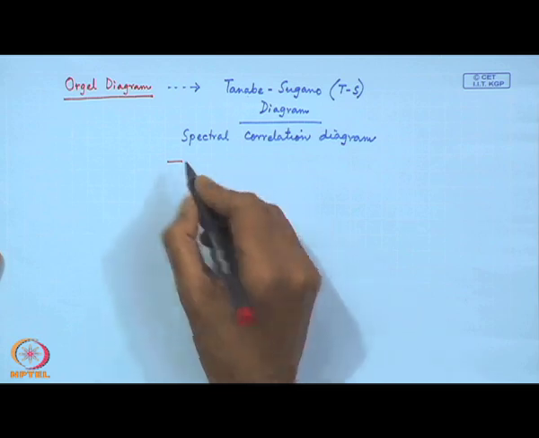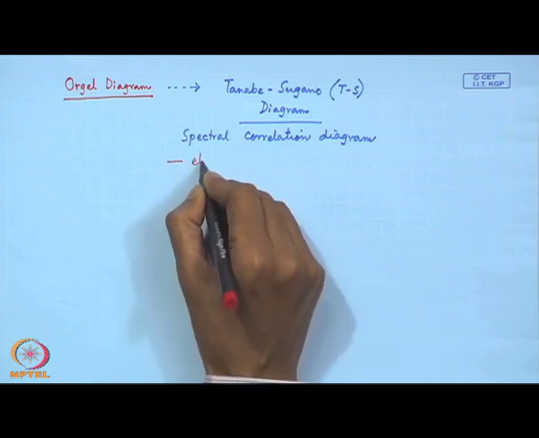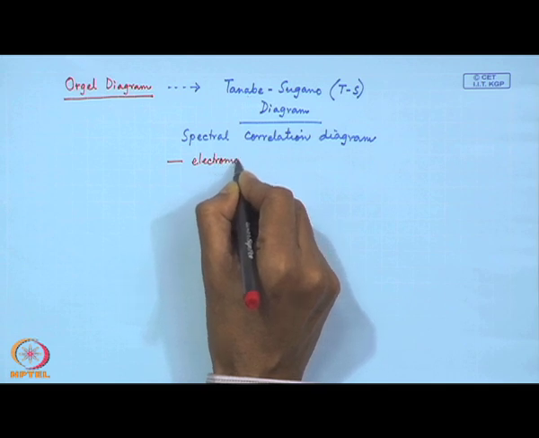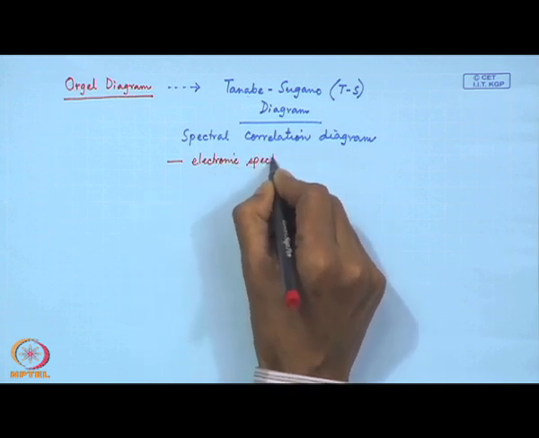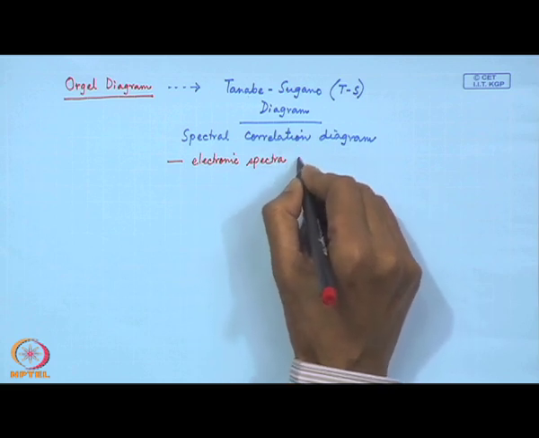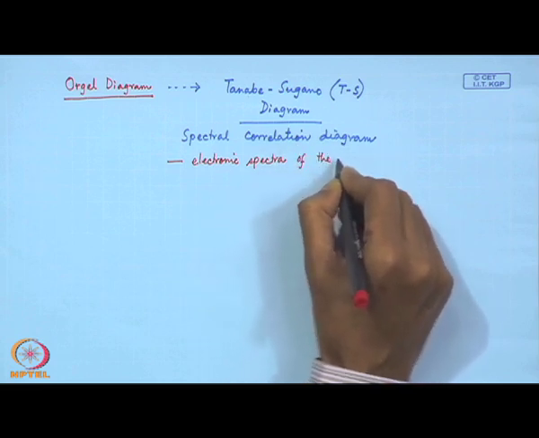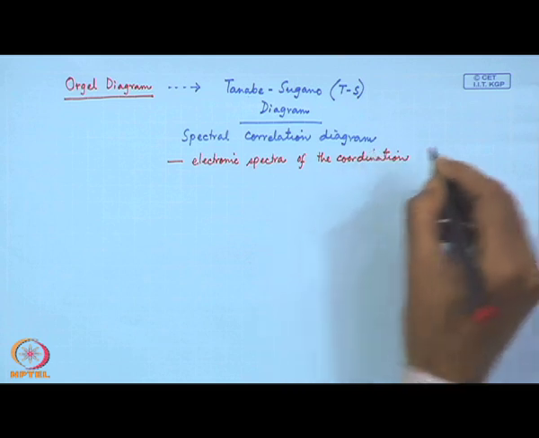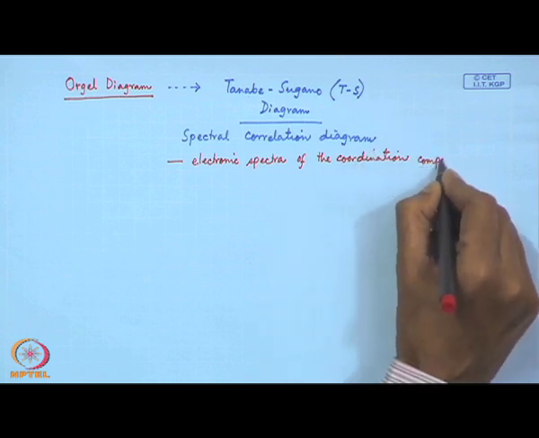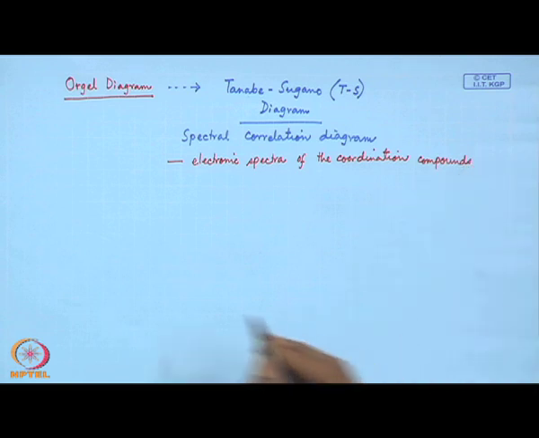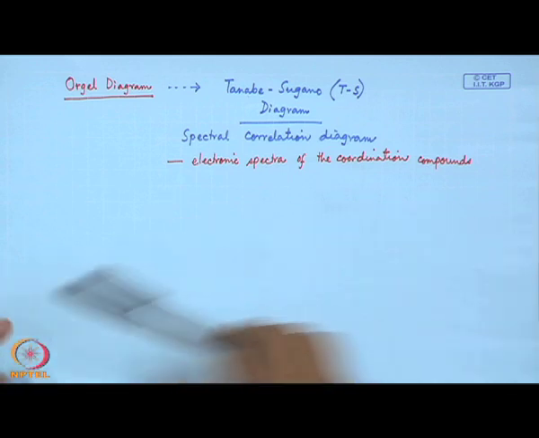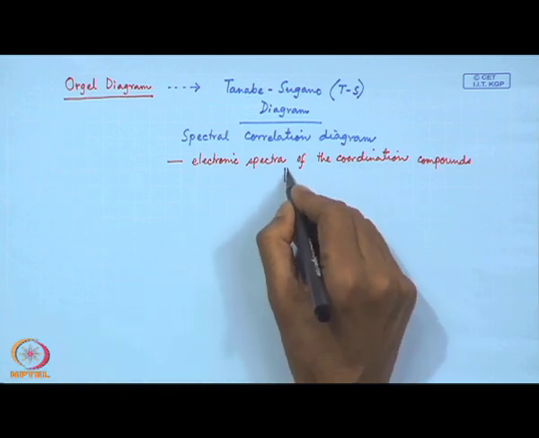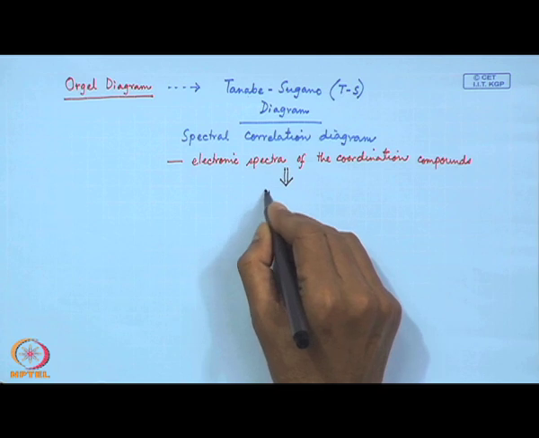So, we are still with the interpretation of the different electronic spectra of the coordination compounds. When we are having these electronic spectra of the coordination compounds, how can we interpret them? So, interpretation is very much important.